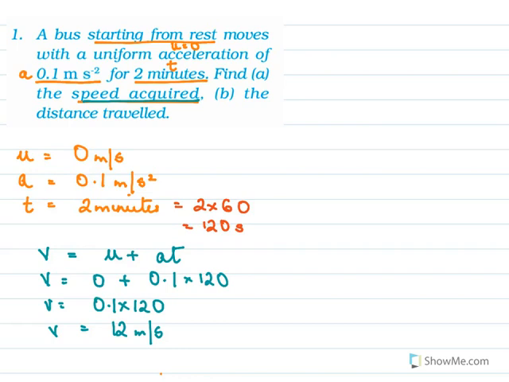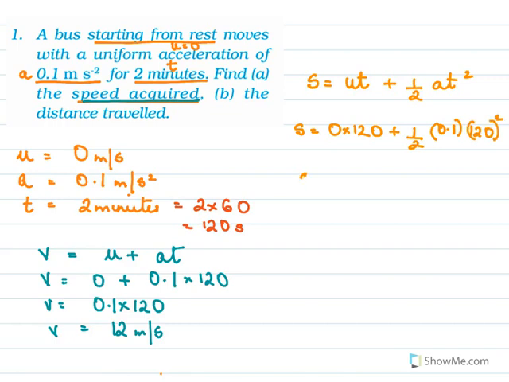The next part we need to find is the distance. So distance s will be ut plus half at square, and put your values. s equal to u, which we know is 0, into time 120, plus half, we know the a was 0.1, that was given to us, time was given 120, the whole square.